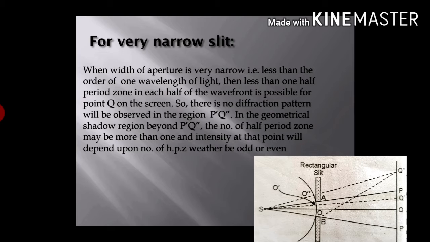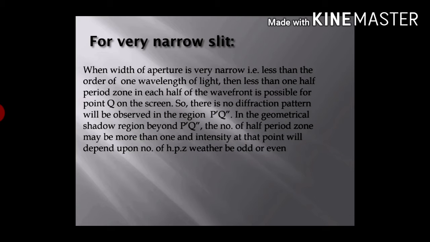The intensity depends on how many half period zones are present. If there is an even number of half period zones, the intensity will be minimum. If there is an odd number of half period zones, the intensity will be maximum.